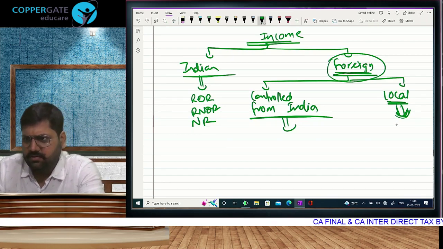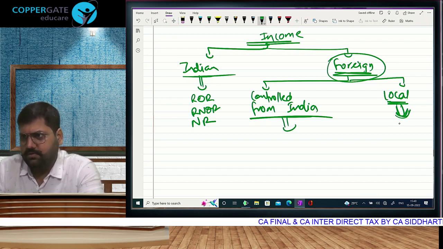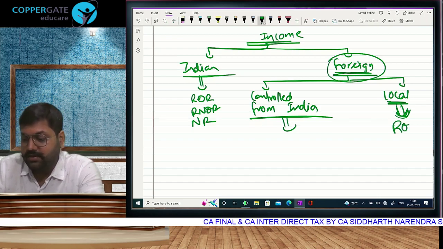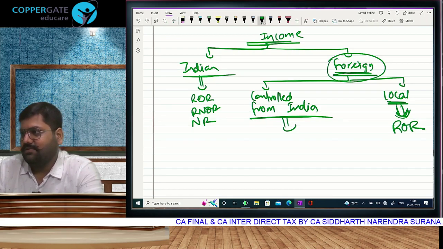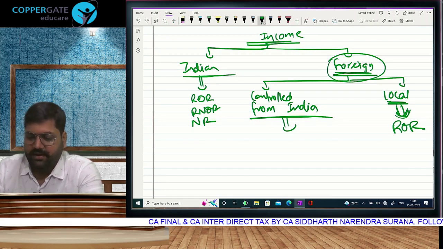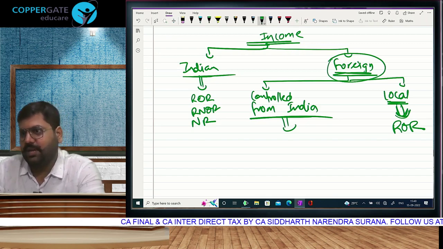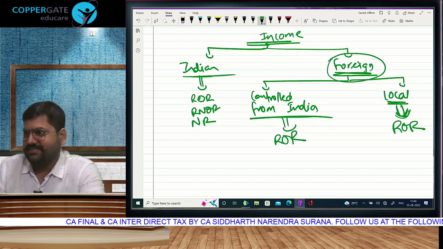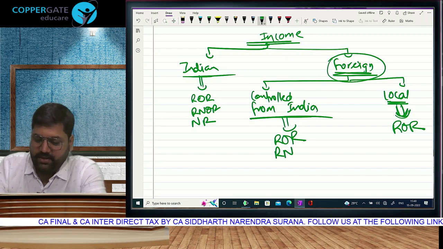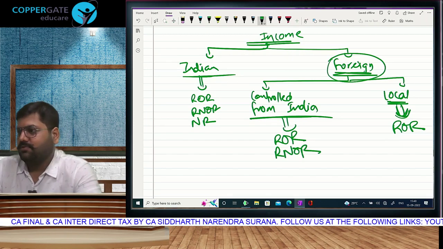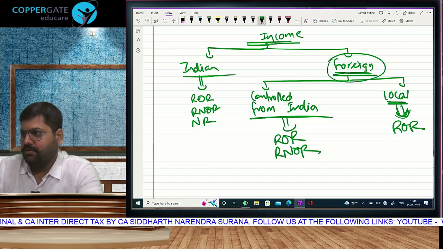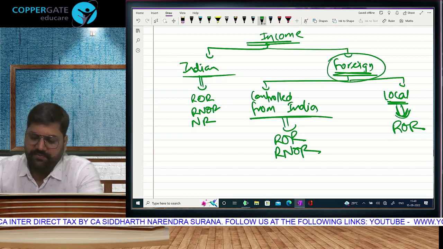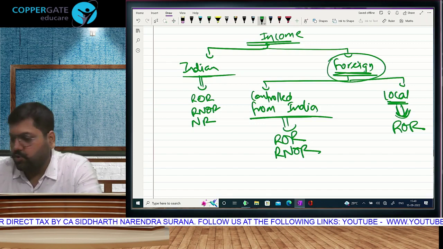Anyone or no one? For ROR, everything is always taxable. Correct? And control from India. Come on, this time don't go wrong. ROR always. And RNOR also. Followed? Everyone? Well, that's your scope of total income.